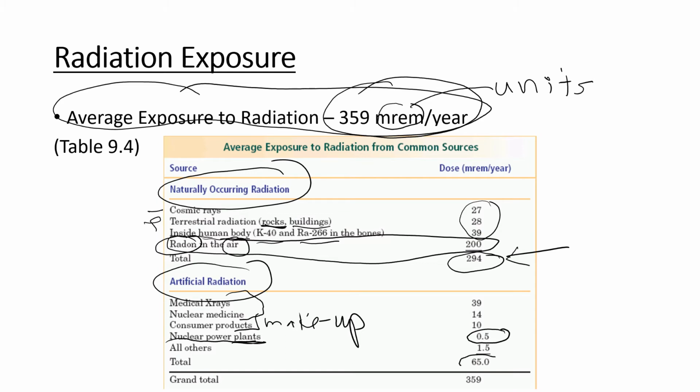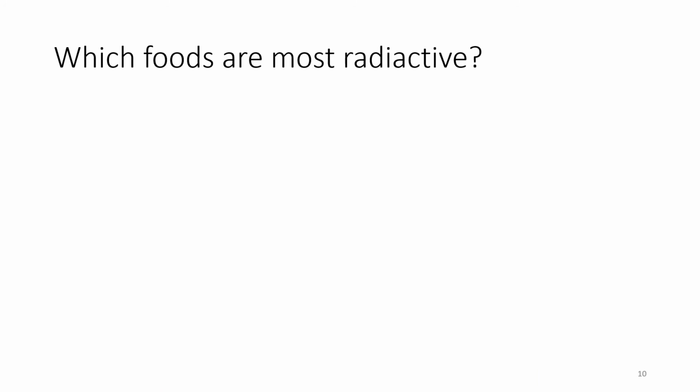So the amount here is about 65 millirem per year for artificial radiation compared to naturally occurring, which is 294. So average is about 359 millirems per year. So what I want you to take away from this chart is you're exposed to more radiation from naturally occurring sources versus artificial, and obviously naturally occurring is much higher than our artificial radiation. And again, this is on average.